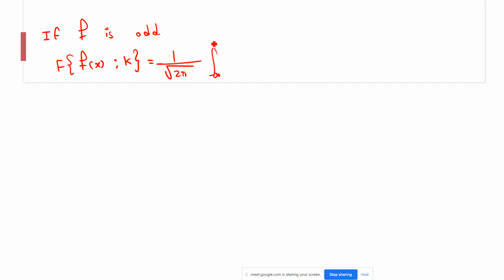If my f is an odd function, I'll just repeat what we had. F of x converted to variable k is 1 upon root 2 pi, integrating minus infinity to infinity f of x cos kx dx, minus i times 1 upon root 2 pi, integrating minus infinity to infinity f of x sin kx dx.